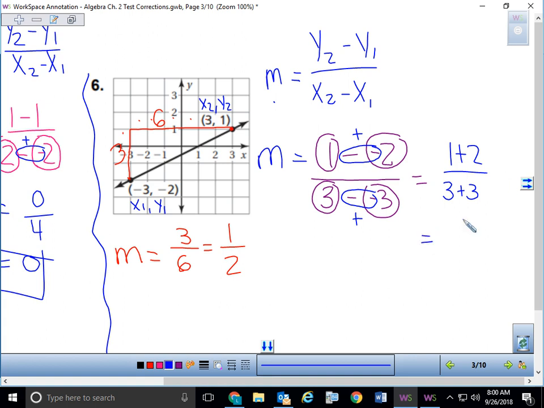And we're just going to keep simplifying. 1 plus 2 is 3. 3 plus 3 is 6. Hey, look, I'm getting to the same spot. But I have to simplify this. If you don't simplify, you just lost half a point. So 3 divided by 6, that's the same thing as just 1/2. So final answer, m, or the slope, equals 1/2.